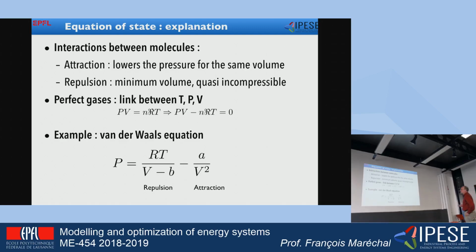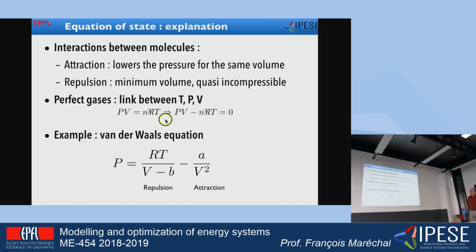For example, the perfect gases tell us that PV equals nRT, n being the number of moles, R the constant of the perfect gases, T the temperature in Kelvin, V the volume, and P the pressure. Which means that now I can create a link between the pressure, the volume, and the temperature, okay? Which eliminates the degree of freedom that I was looking for, right?